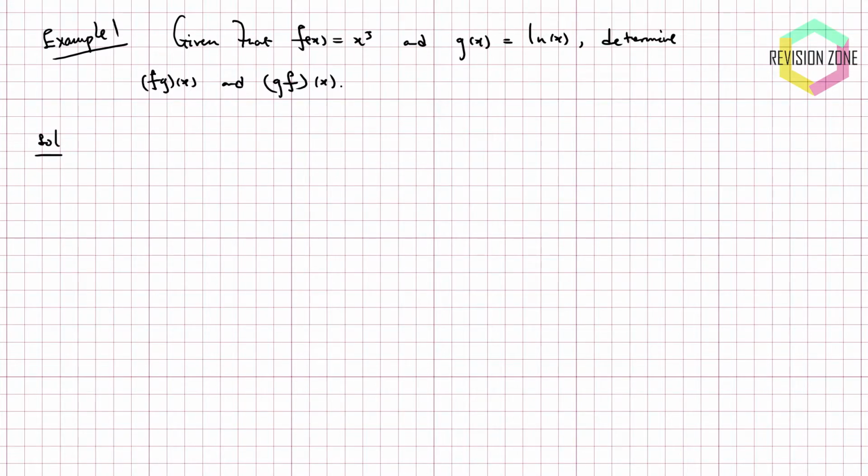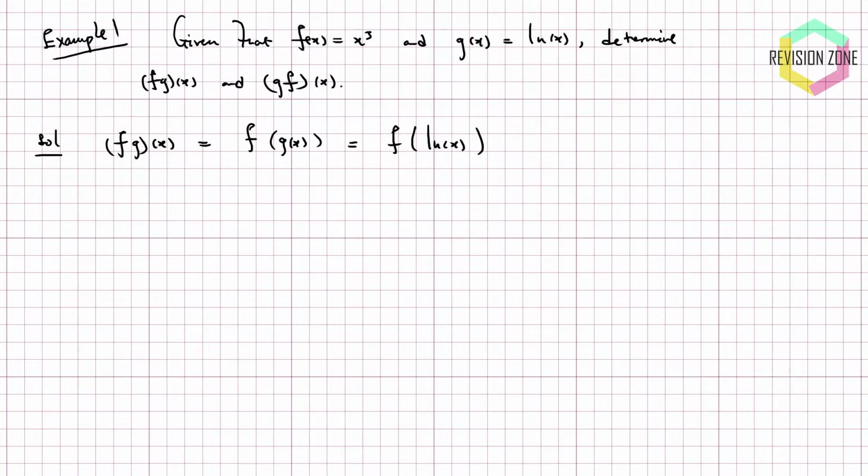So solution, I want to compute, say, f of g of x first. And of course, as we know, we've got to read this from the inside to the outside. So what's going to happen is I'm going to have g acting on x first, and then f is going to act on the entire thing. So now we know what g of x is. g of x is just log x, right? The question tells us that it's the natural log of x.